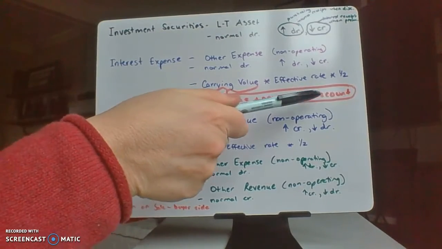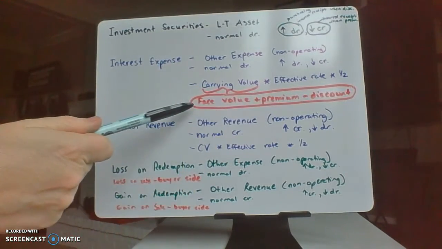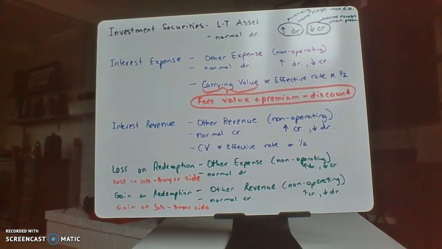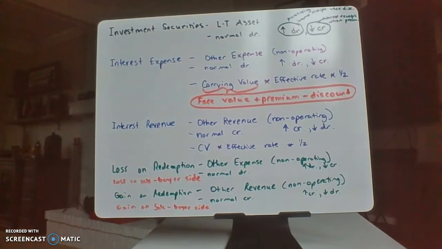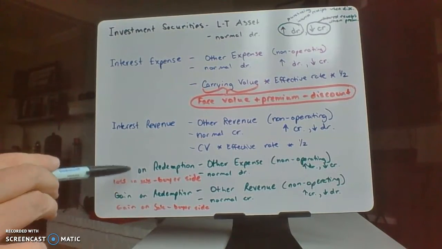Normal balance is debit for discount, but when we're doing face value, deduct discount. That's just kind of easy ways to remember it. So if I have a premium, I would add it to the face value, and if I had a discount, I would subtract it. And whatever that number is, that's the amount of our interest expense and our interest revenue if we're the ones receiving the interest payment.